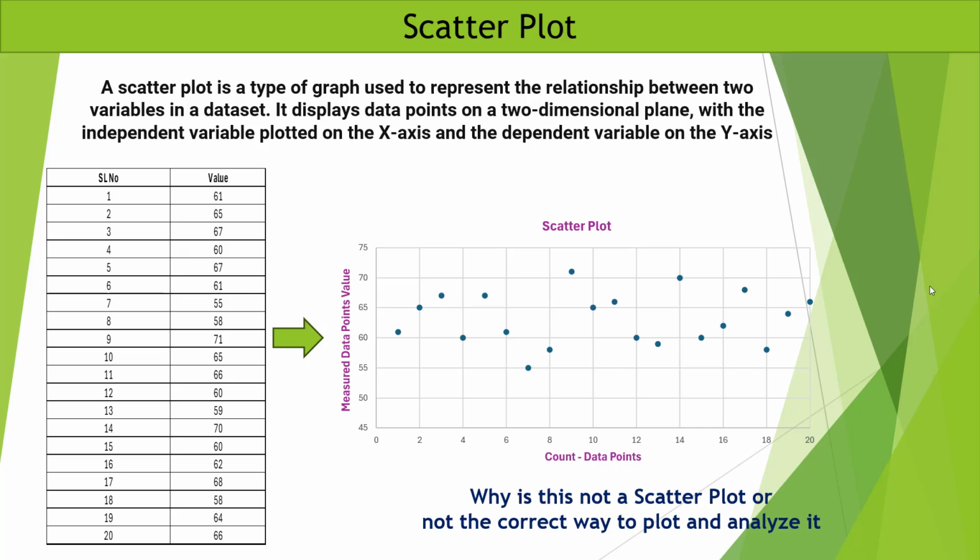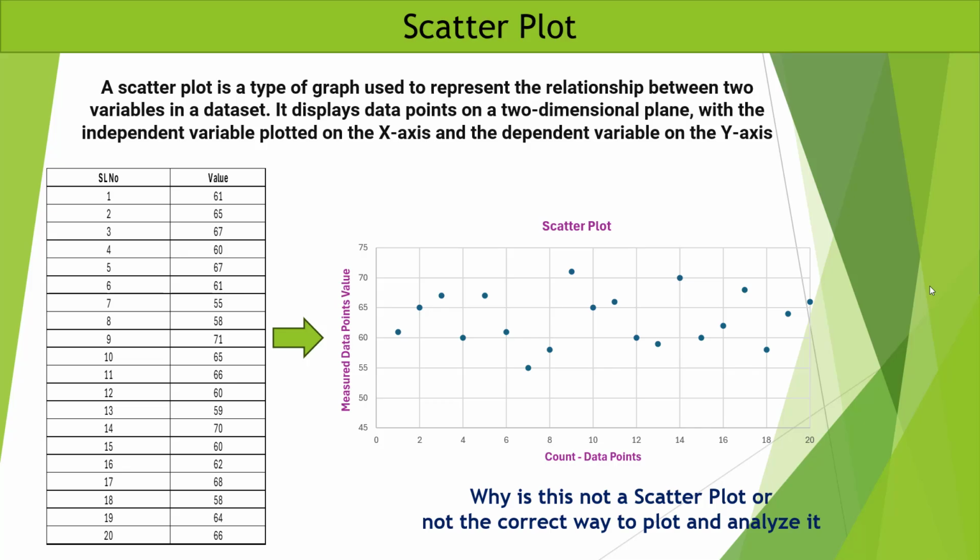Now the question essentially here is, so here we have taken a data point and I've used the same data point as in serial numbers 1, 2, 3, and there are 20 different data points for a particular process, and against each of the data points we have data values, right? So you can see that data point 1 has a value of 61, data point 2 has a value of 65, and so on and so forth.